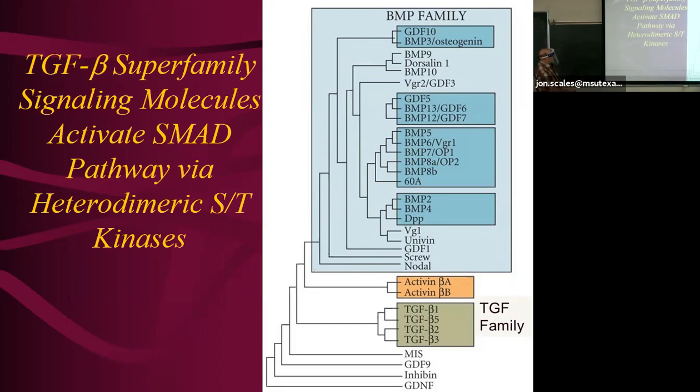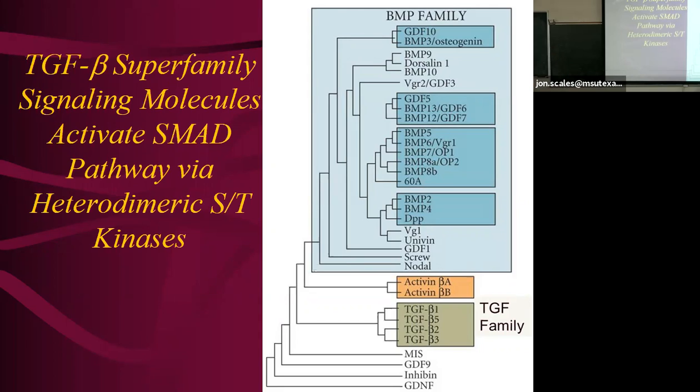So the BMP sub-superfamily, TGF-beta is the superfamily. The BMP membership is pretty large. There are a lot more closely related to them. Activin is down here, generally thought of as its own little group, and then the TGFs. And then there are some that we don't really know where they go. The data's not in yet, or at least it wasn't in when they made that picture.